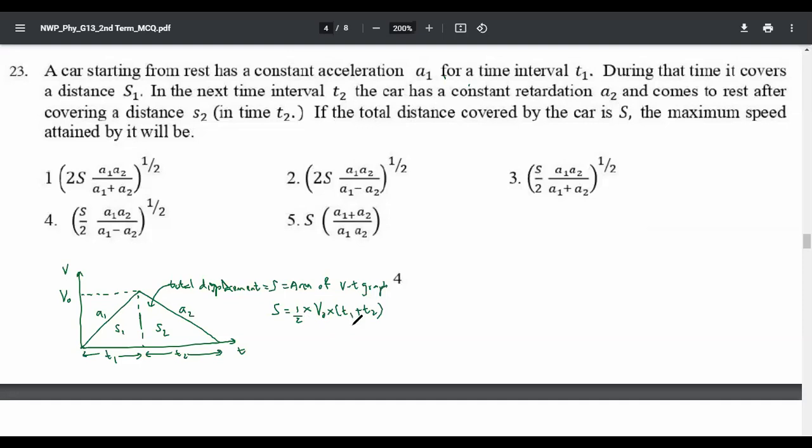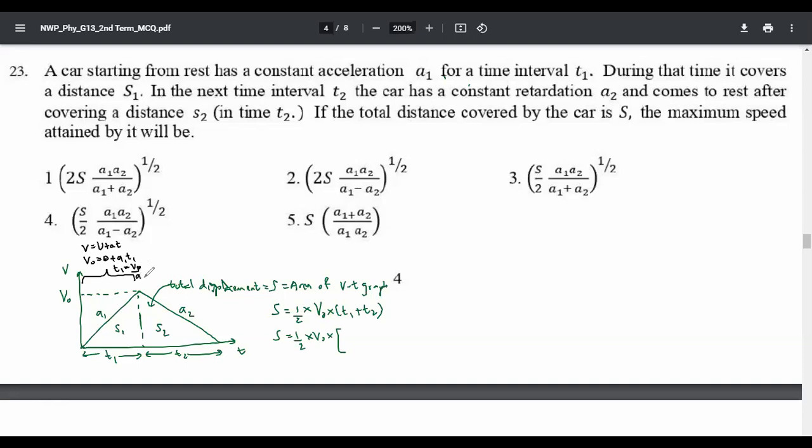For the first part, you can consider the equation v equal u plus at. v is v0, u is 0, at is a1 t1. So that will give you t1 equal to v0 over a1.